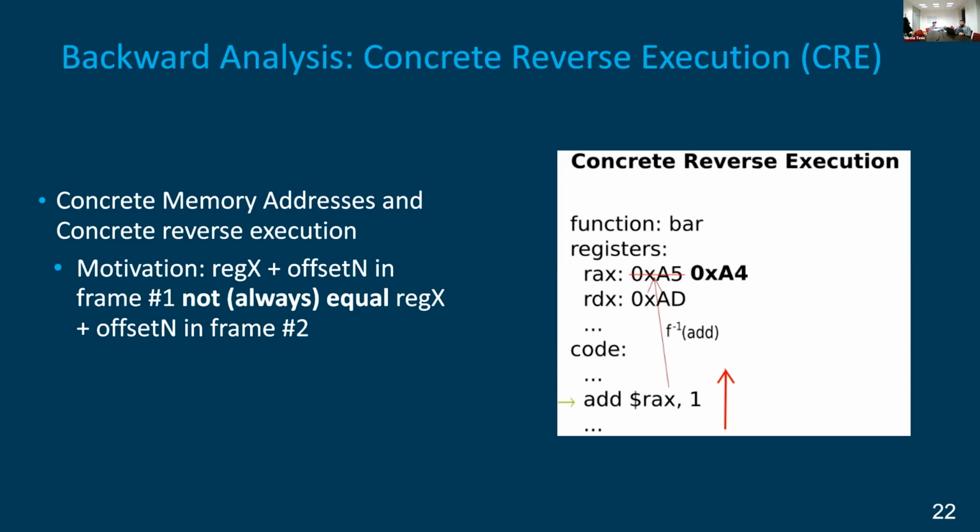During the backward walk of our taint analysis from the crashing point, we try to keep register values valid for each program point by applying the inverse function of each instruction to the register value content.